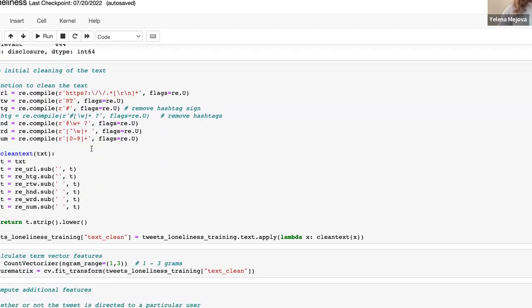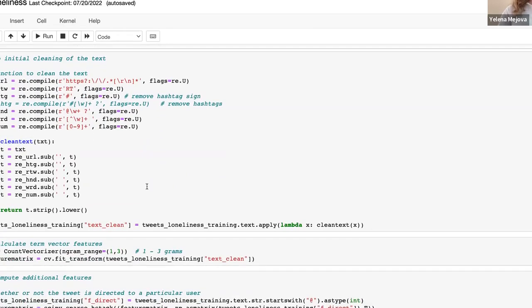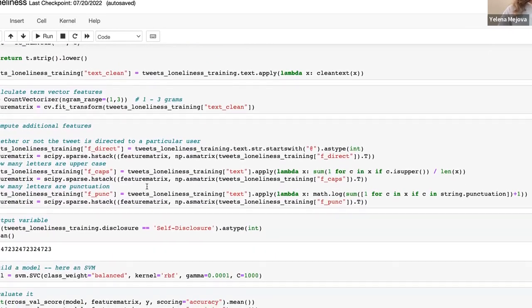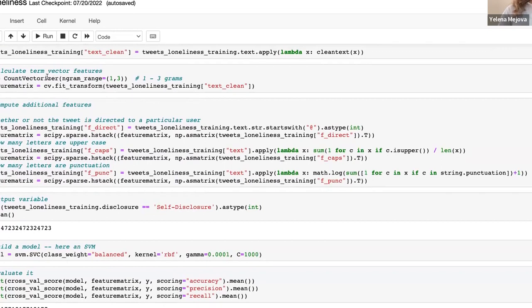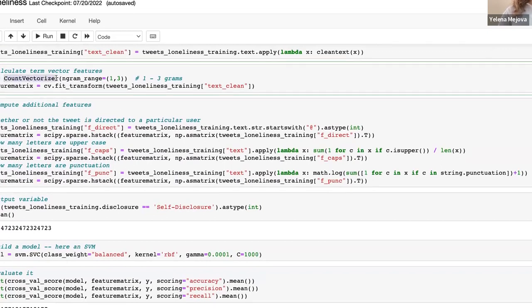And we clean them using the clean text function. And then we calculated a few features. So we actually didn't use TF-IDF, we just used frequency counts for some 1, 2, 3 grams. And basically we used it on the clean text of our data set.